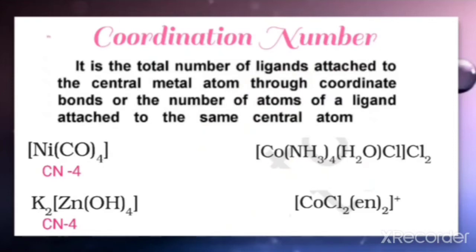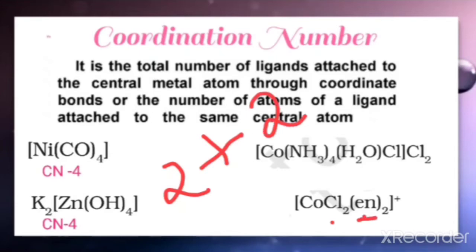What about the next one? In the next one, 2 Cl are there, 2 plus, and how many En are there here? 2 En are there. En is ethylene diamine. 1 ethylene diamine can form 2 coordinate covalent bonds with the central metal atom or the ion, because it is a bidentate ligand.